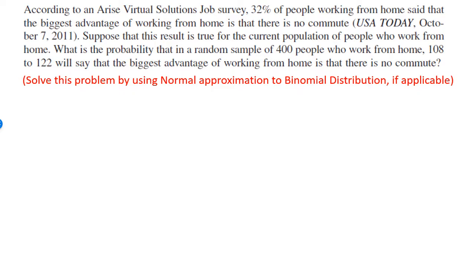Okay, first of all, like most of the questions, we need to know what the random variable is here. The random variable here is the number of people in the sample who say that the biggest advantage of working from home is that there is no commute, right? Okay, so let uppercase X denote such a random variable.